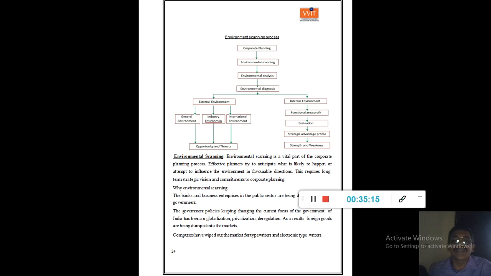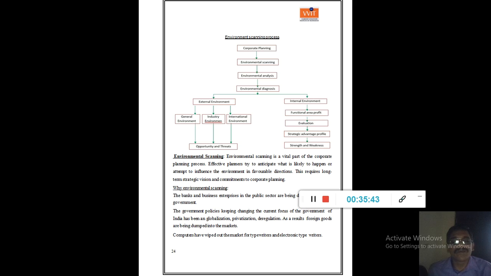So all this functional area profile will be checked and evaluated, and then make an SAP, strategic advantage profile, with respect to your competitor. Your strengths and weaknesses will be evaluated by evaluating the internal environment.